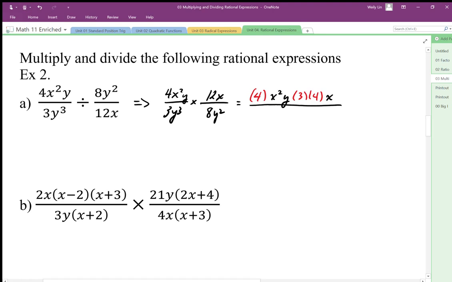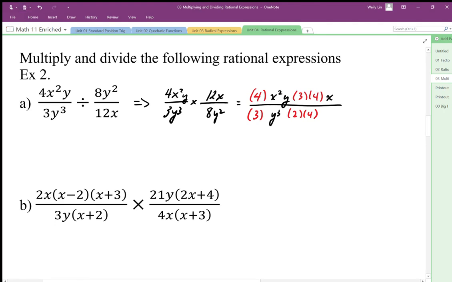In the denominator, I'm going to end up with our 3 factor here, and y cubed, and 8 we're going to rewrite as 2 times 4.